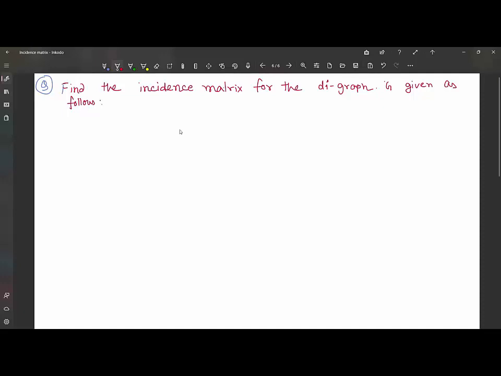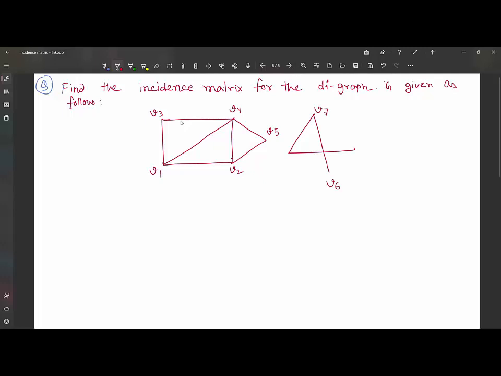Suppose the graph is like this, with vertices V1, V2, V3, V4, V5, V6, V7, V8, V9, and there are some directions here as well.